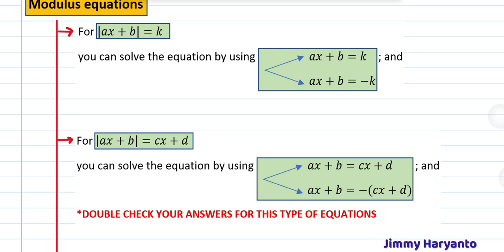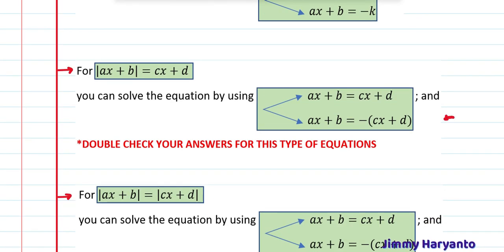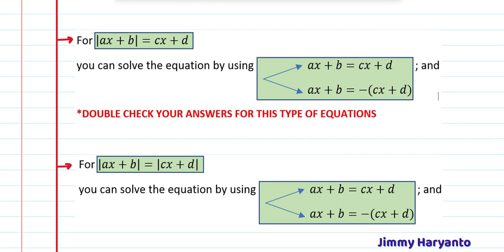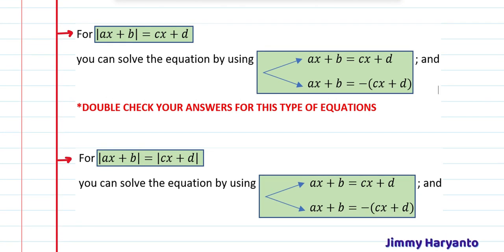But in this type of equation, the answers that you get are not always valid. So you have to check which one satisfies the equation and which one does not. I will show it to you later in the example question.